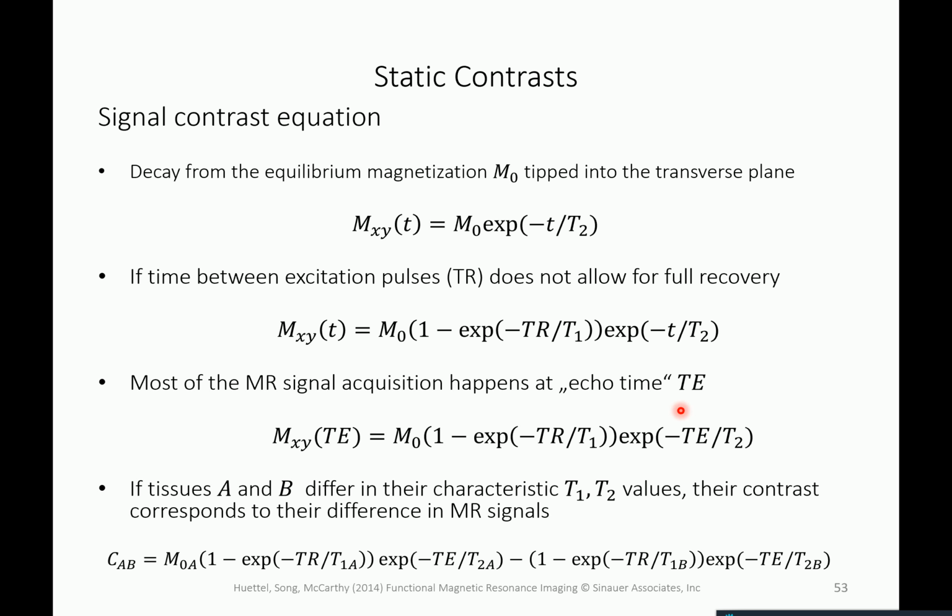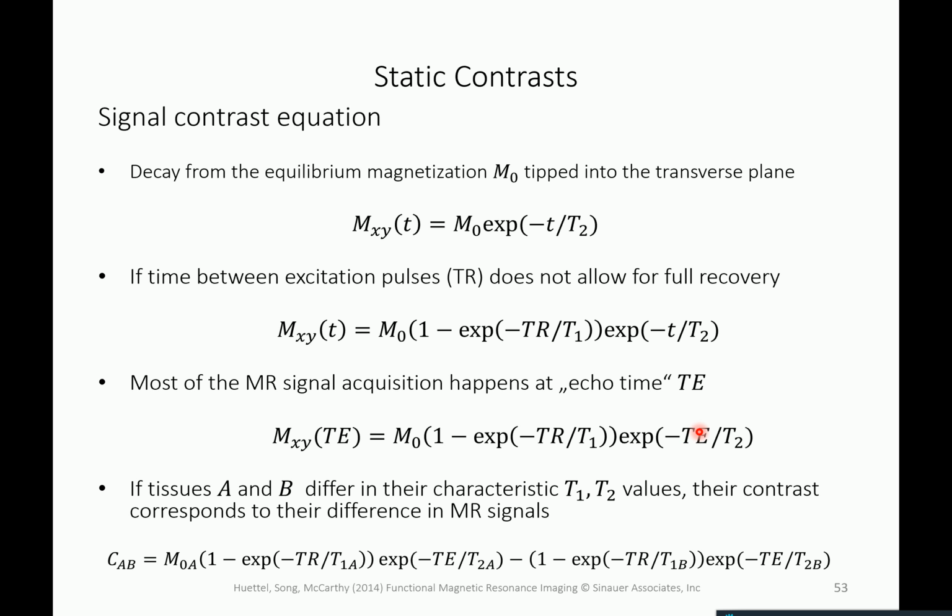So this essentially is now the signal that you measure, which depends, as you can see here, on the M0, so the magnetization without any interference by excitation or anything. Then on when the excitation pulse happens with respect to the excitation pulse before, so the repetition time, and the time of when the signal acquisition happens. Importantly, the TR and the TE you can choose as an experimenter, right?